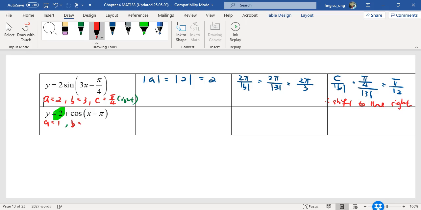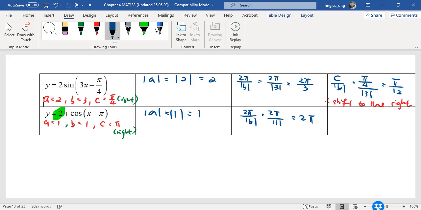Your B is again 1, your C is pi, again negative, you replace with the position, exactly. So continue. Absolute A is 1, 2 pi over B, your B is 1, so you have 2 pi.